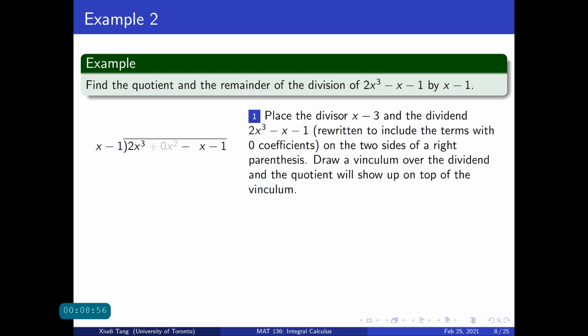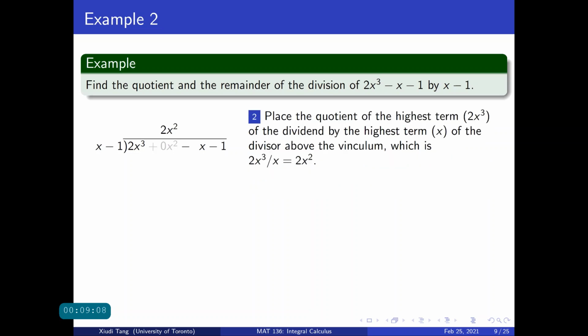You can choose not to write it, but you should at least leave the space for the square term. First we compare the highest term of the dividend, x cubed, with the highest term of the divisor, x, and we divide them. The quotient 2x squared will be the first term of the quotient; we put it above the vinculum, and note how the 2x squared is aligned with the x squared term.